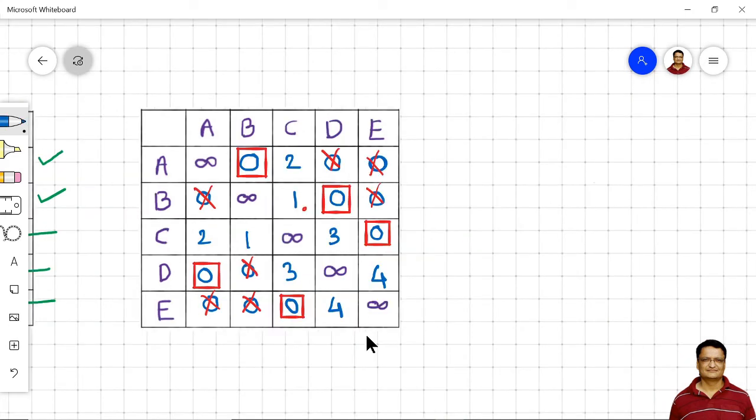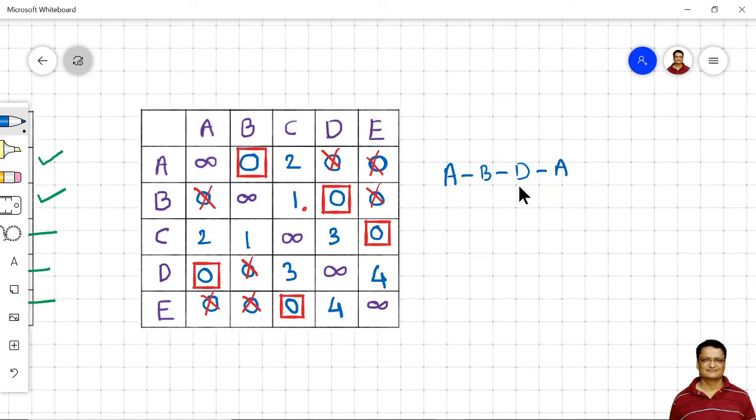Now let us verify whether it is possible for a salesman with this allocation to start from the city A and visit all the cities and come back to the city A. So if we start from the city A, the allocation is at city B, so he will go to the city B. Now from city B, he will go to the city D, and from city D, he is coming back to the city A. So he is not completing the full path.